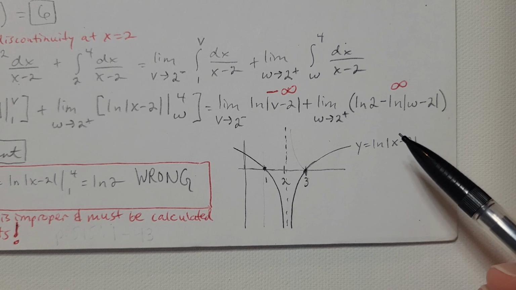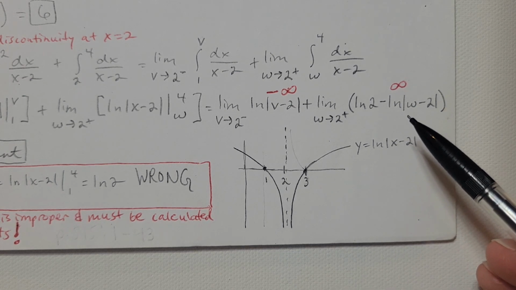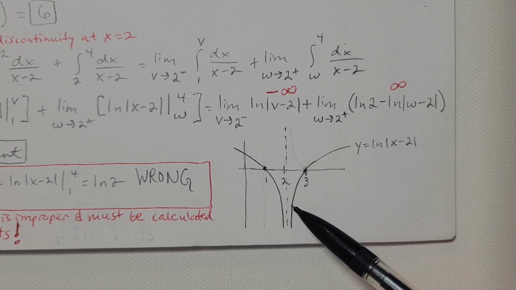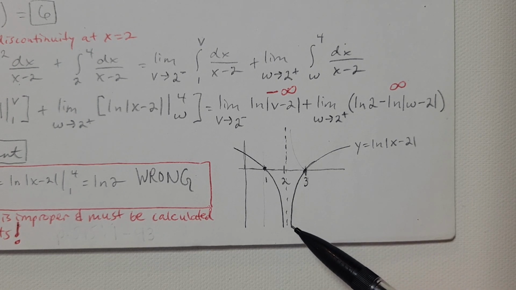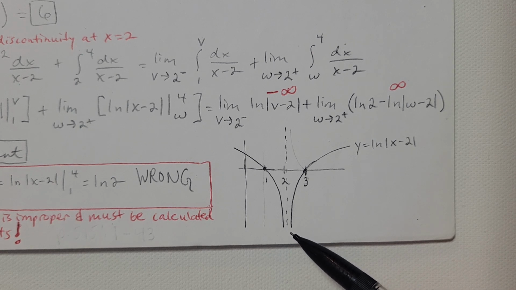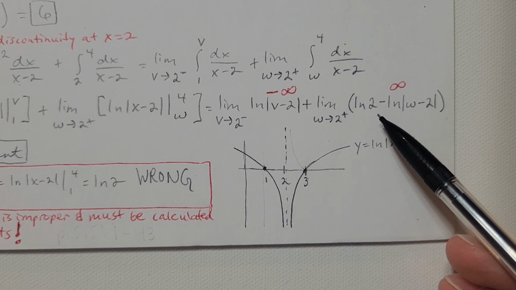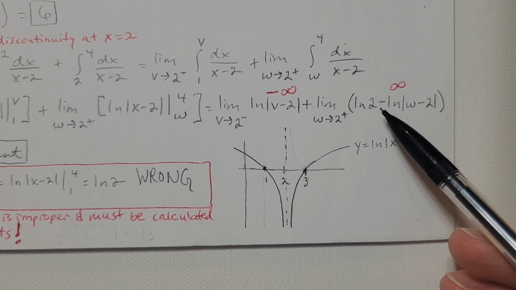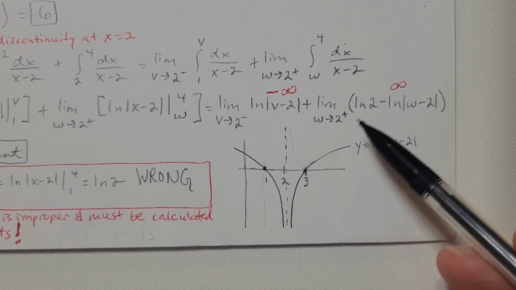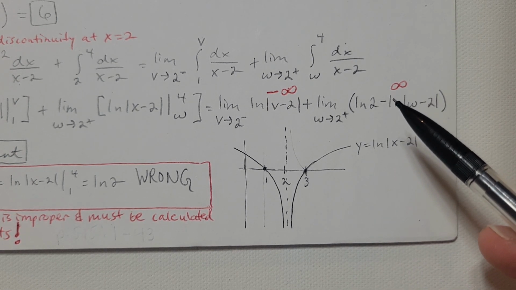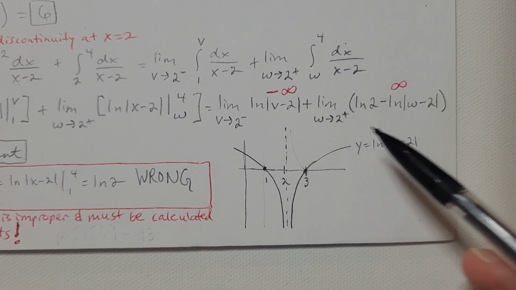And then minus the limit as w approaches 2 from the right of the ln of the absolute value of w minus 2. If I'm on the right side of 2, then the y values are also getting very large in the negative direction. So negative infinity would be that limit, and I'm subtracting negative infinity. So that really means I'm adding infinity to the ln of 2. The ln of 2 is just a number. So I get infinity as the overall value of this limit.